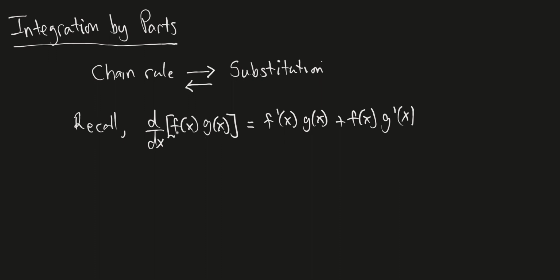Now, F and G are used a lot when you state the general product rule. But a lot of times you might see the letters U and V. So just for fun, let's replace all the F's with U and all the G's with V's.